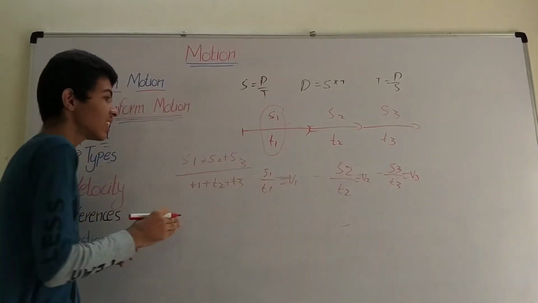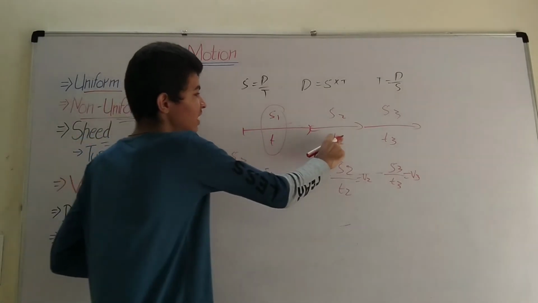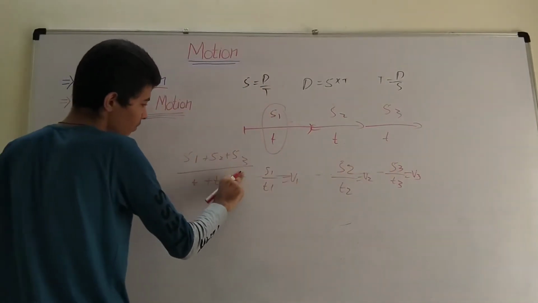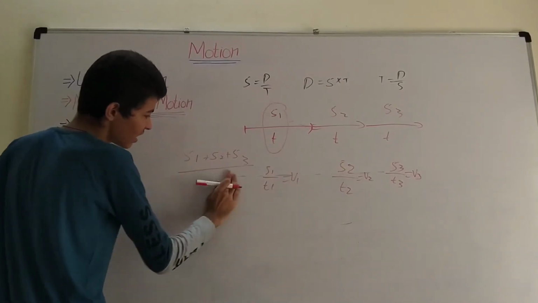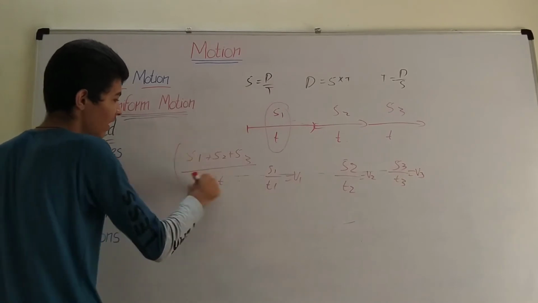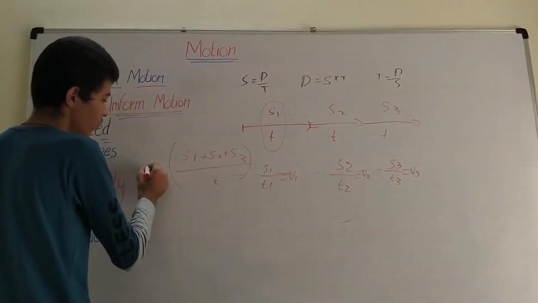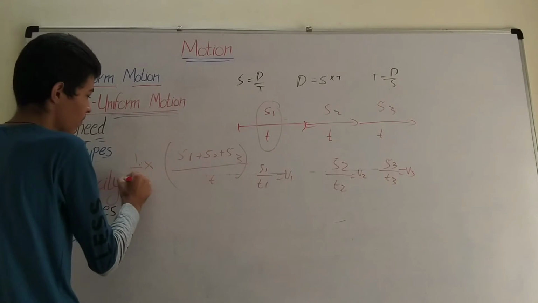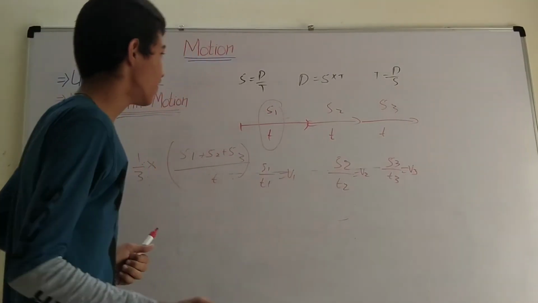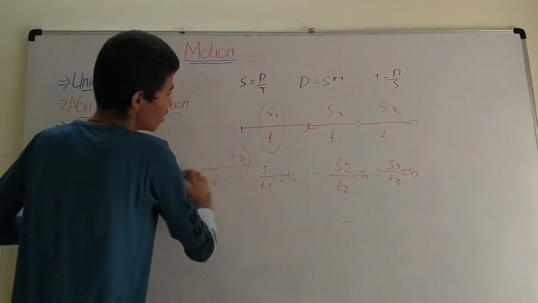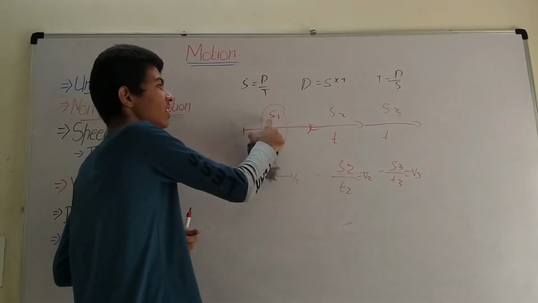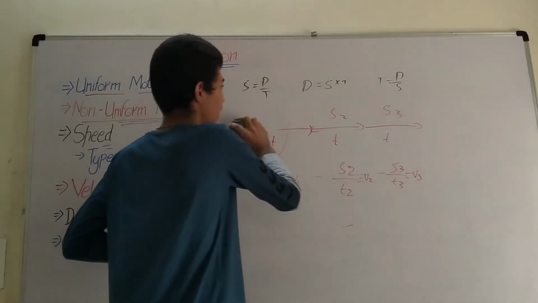But in some cases, if the time intervals are the same, that is t, t and t, then we get 3t in the denominator, and you can take out the t and multiply by 1 by 3. This is the average speed when the body is traveling equal distances per unit of time.